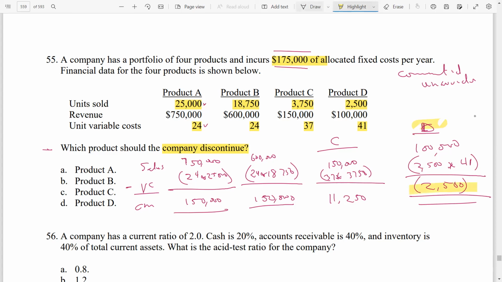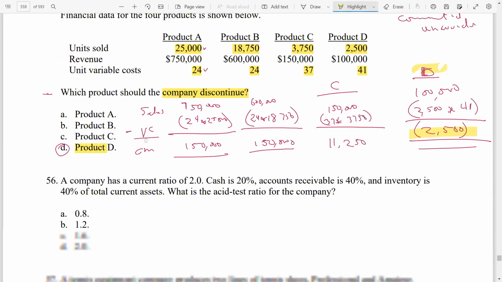So we should discontinue product D, which is answer choice D. The correct answer is D, eliminate product D.